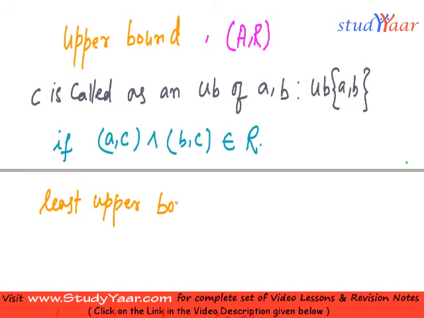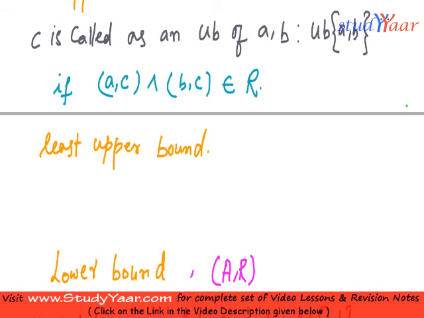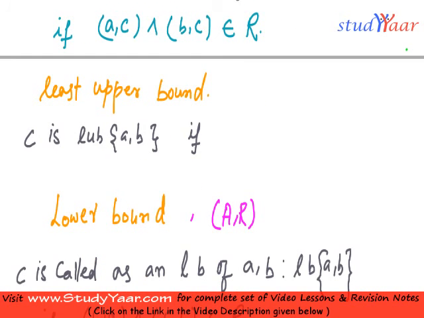Least upper bound, and we define it as C is the least upper bound of A and B if there does not exist a D such that D is an upper bound of A and B.